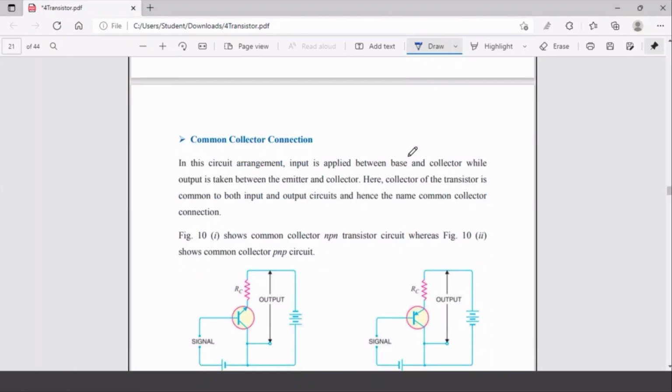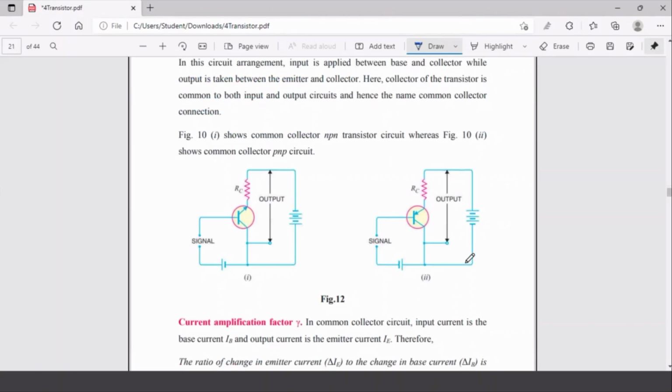This is an NPN transistor, with emitter, base and collector. You can see here between base and collector, and between emitter and collector.